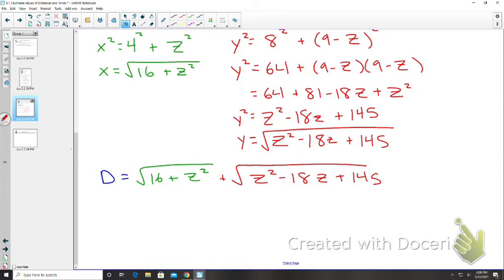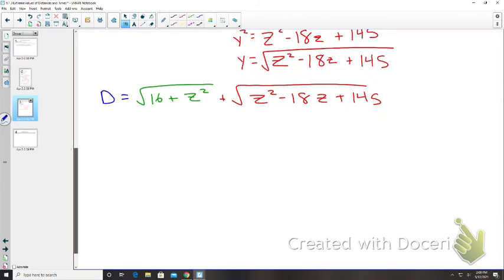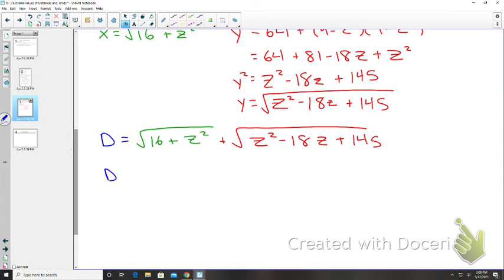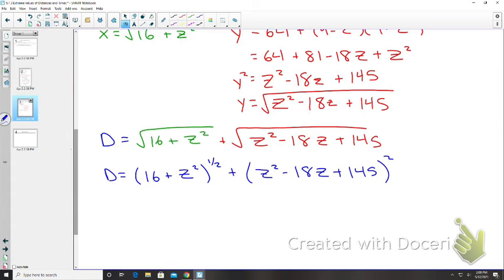Hopefully you're recognizing we can rewrite these square roots as exponents instead. So distance is equal to 16 plus z squared to the 1/2, plus z squared minus 18z plus 145 to the 1/2.